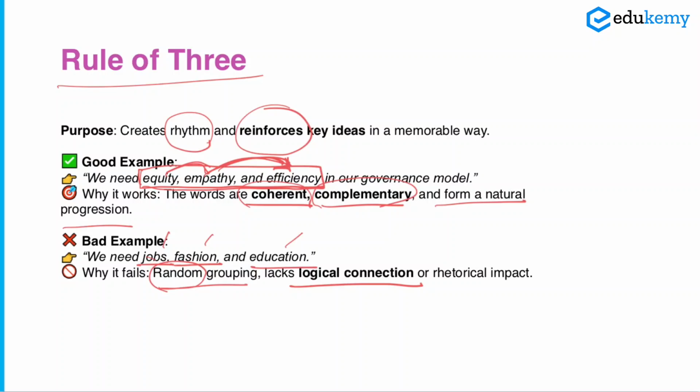That was a natural progression. So this is not going to do anything special in terms of the treatment or the understanding of your sentence. The reader will not take away anything more than what you are saying in those three words. But here, the reader is going to take away a lot more from your writing.